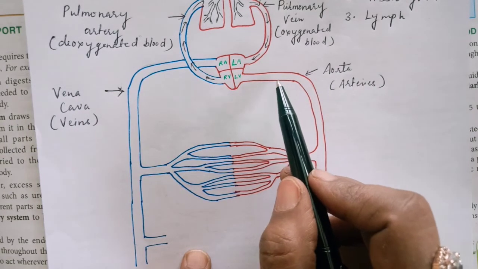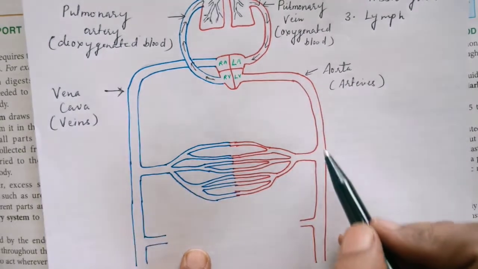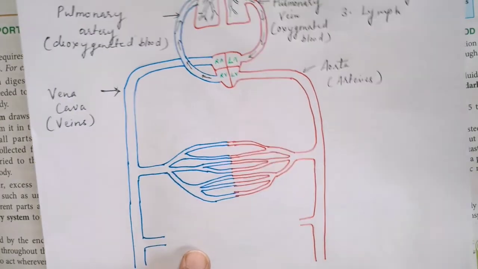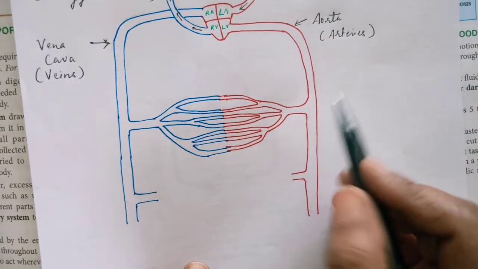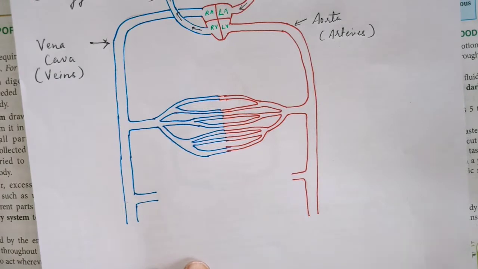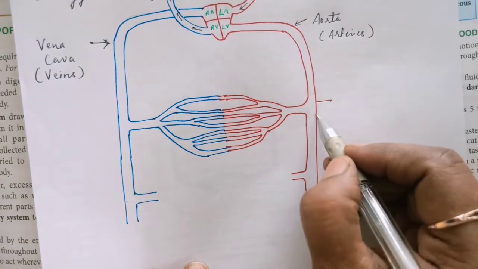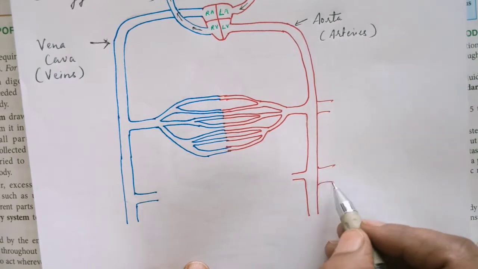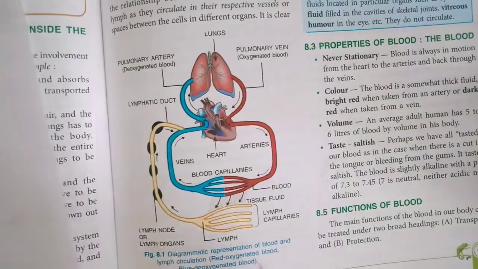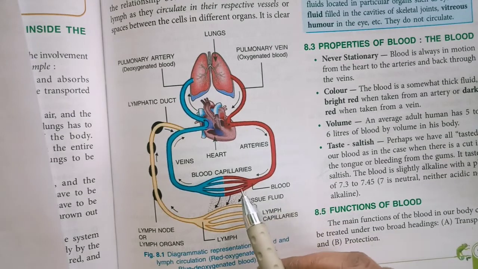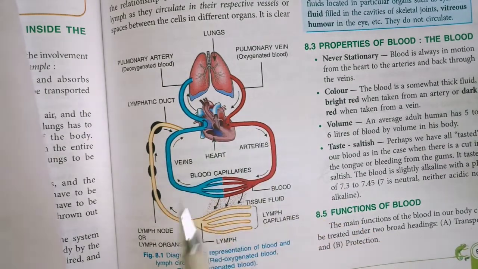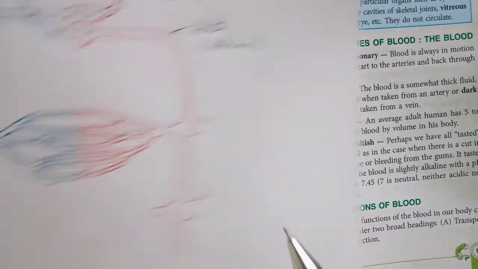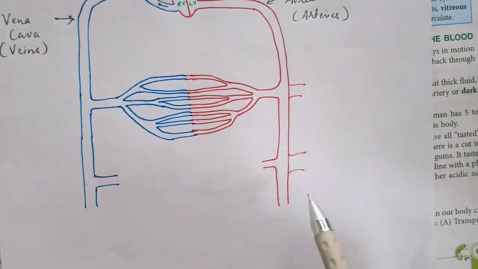This is the aorta, the largest artery in the body, and when it goes down it is known as the dorsal aorta, and at various levels at different organs it keeps giving out pairs of arteries like this in both directions. But in the figure in the book, only one single artery is shown, for the purpose of explaining the circulation of blood. But this aorta gives out many branches inside our body, and the blood circulation takes place.